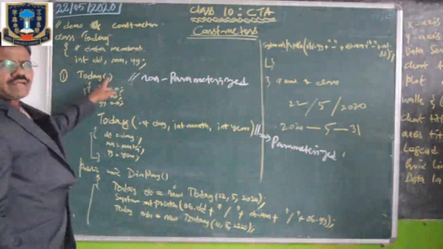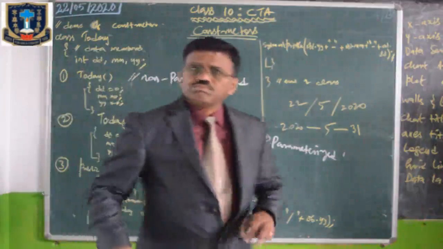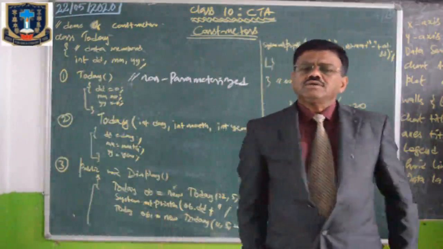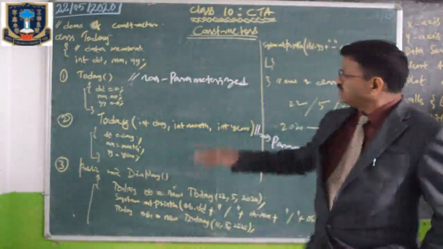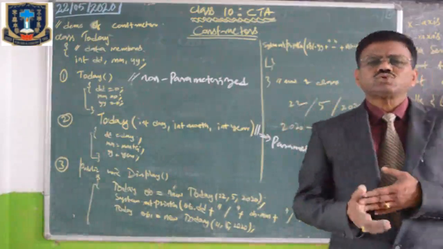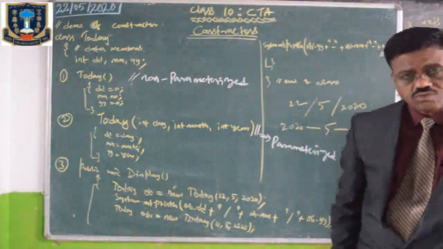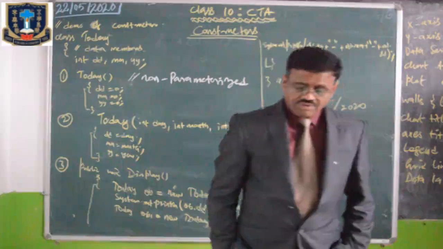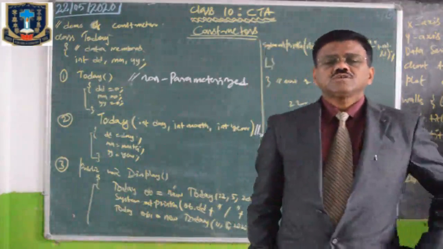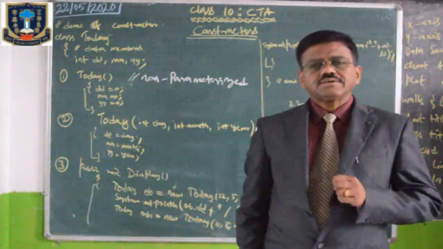A non-parameterized constructor does not have any parameters, while a parameterized constructor has parameters, right? So both of them I am using in a single program, so that you will start using them. In the following classes, we will be writing some programs where you should know the concept of constructors.